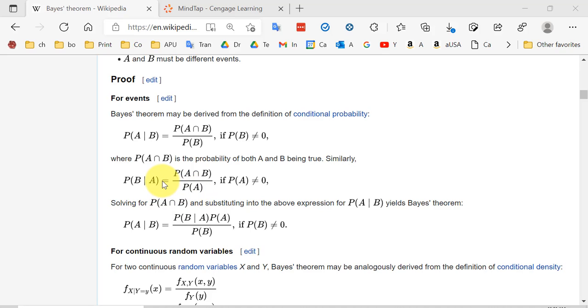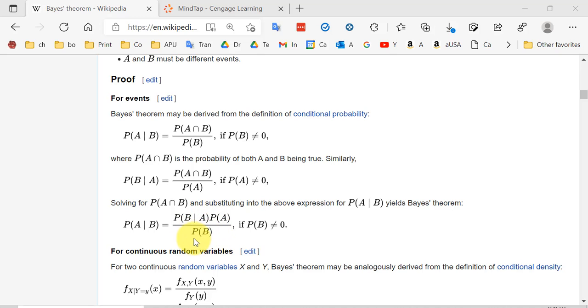And so we have another expression for probability of A intersect B, and we just replace this with that alternative expression, which is P of B given A times P of A. And that is Bayes' theorem in one of the versions that we've looked at.